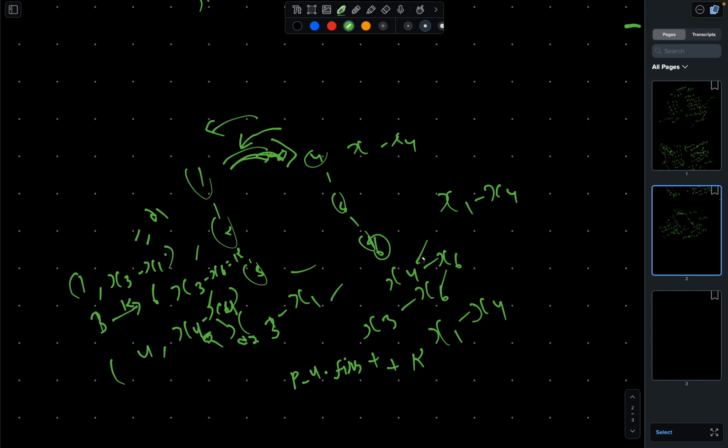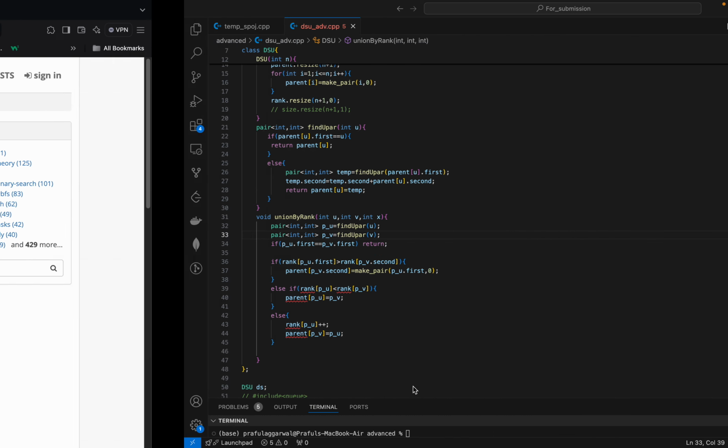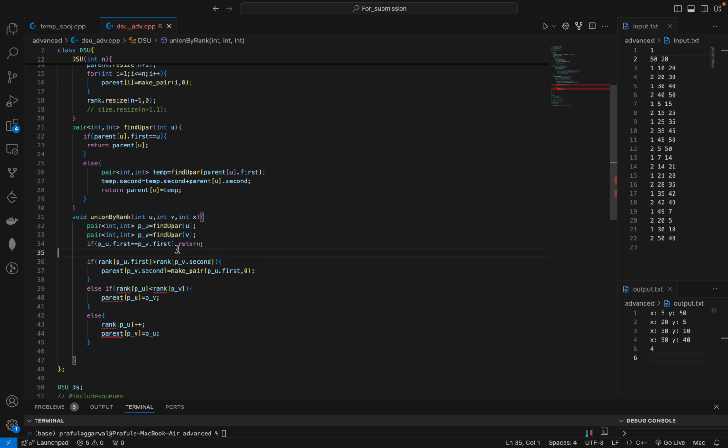Wait, what did we want? We wanted x4 minus x1, and this is x6 minus x4. So we subtract p of v dot second. This will also be second. So this will be the weight of the edge. Now let's write this first.